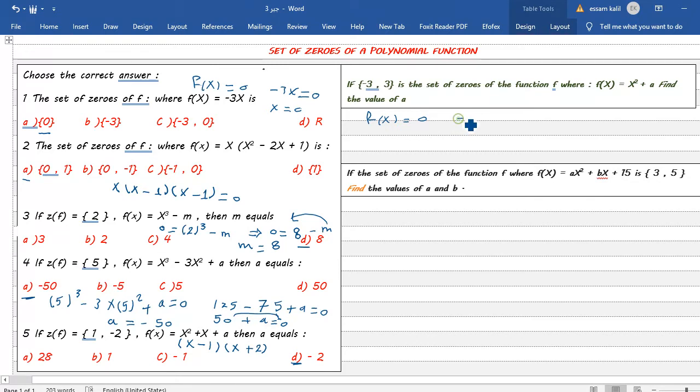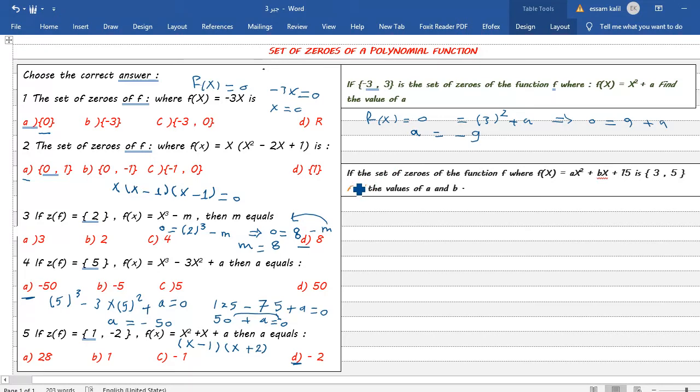Then 3 all squared plus a, then 0 equals 9 plus a. Move 9 to the other side, then a equals negative 9. Then the value of a equals negative 9.